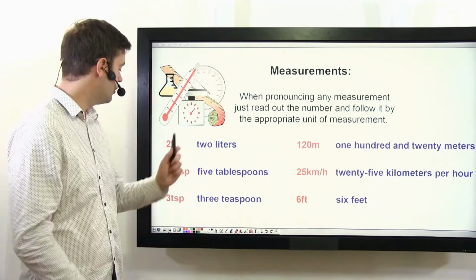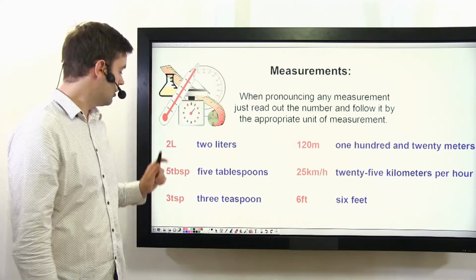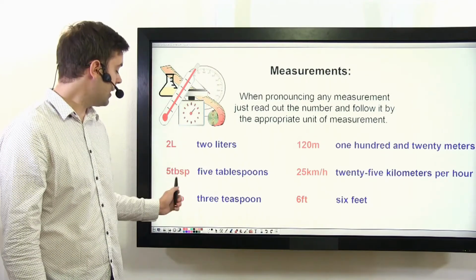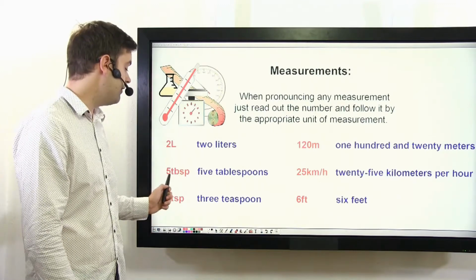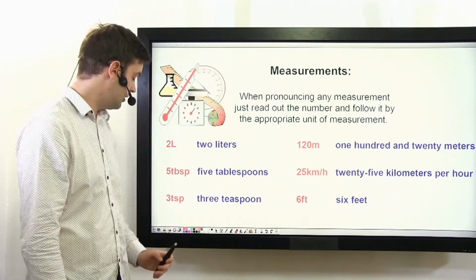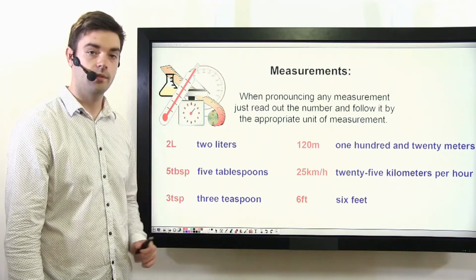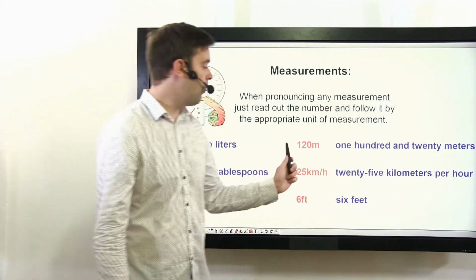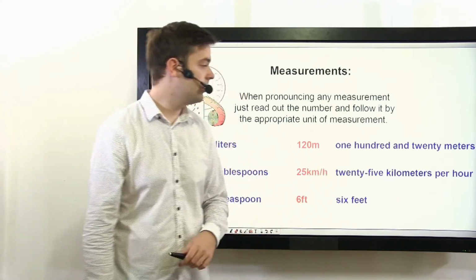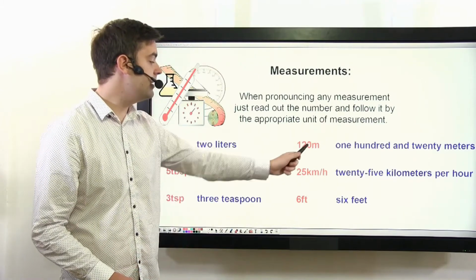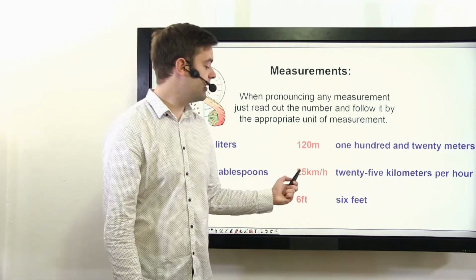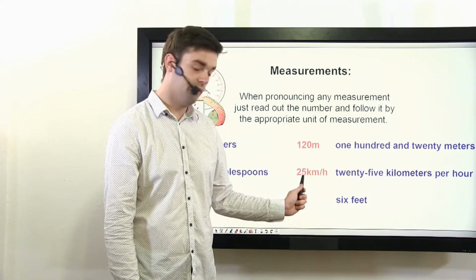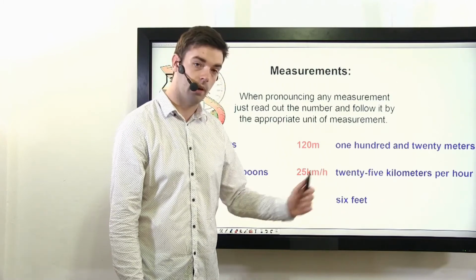For example, 2 liters. 5 tablespoons. 3 teaspoons. 120 meters. 25 kilometers per hour.